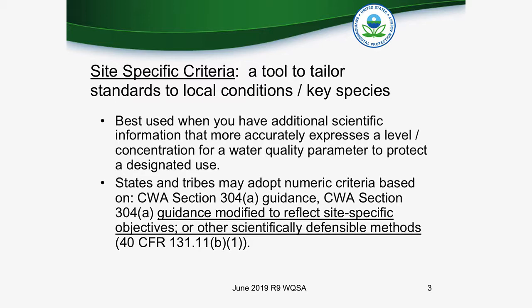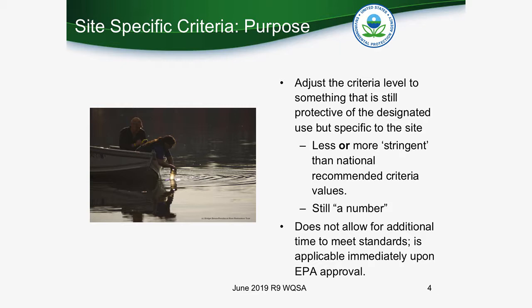The criteria that we developed is sort of for the nation, and California is not the nation, Orange County is not the nation, so those are the types of reasons we do these things. And so the whole point of the site-specific criteria is to adjust the criteria to something that is still protective of the use, right? It's still a number.